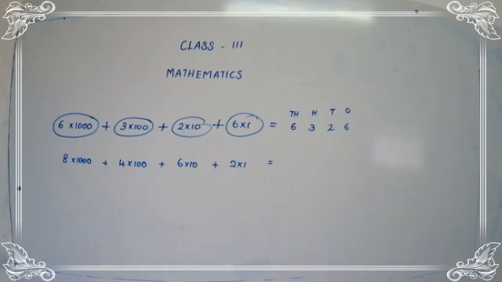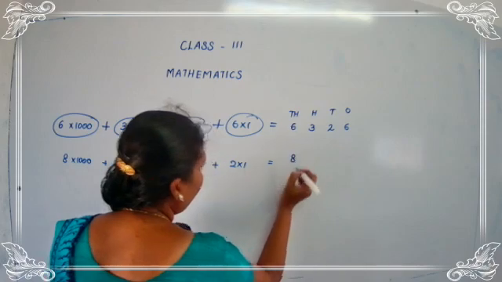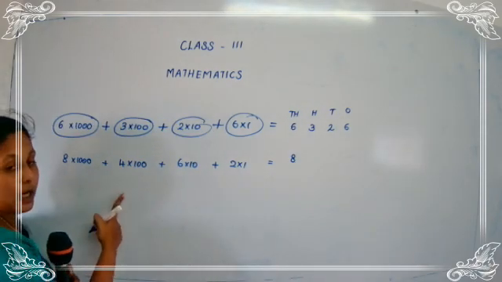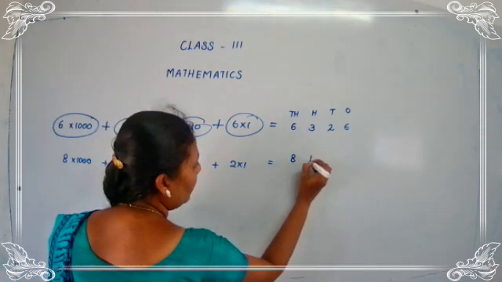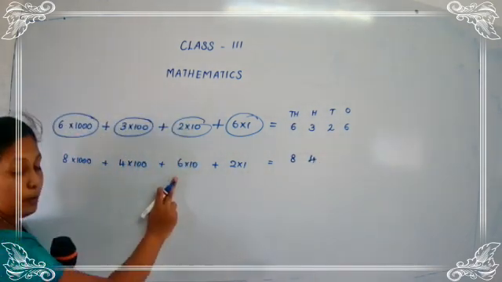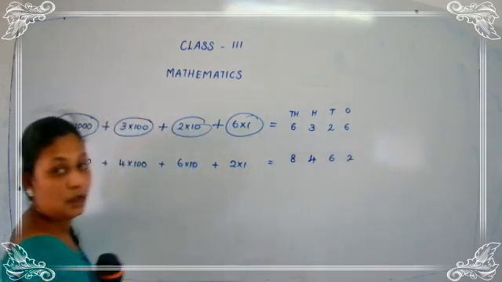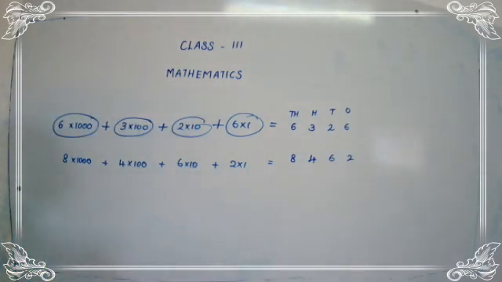So 8 is in the thousands place, so we write 8000 here. Then see the hundreds place value. How many hundreds? 400. Then the tens. 6 tens. How many ones? 1 2 is 2.